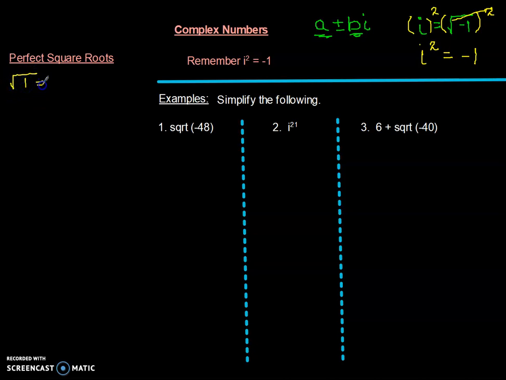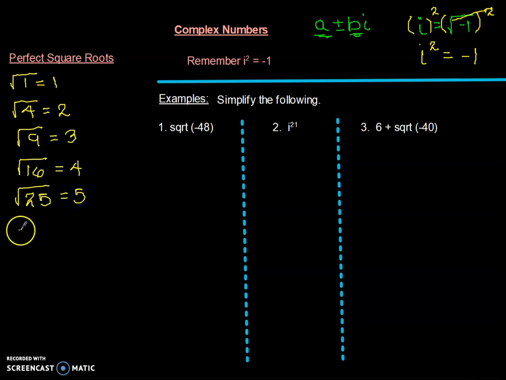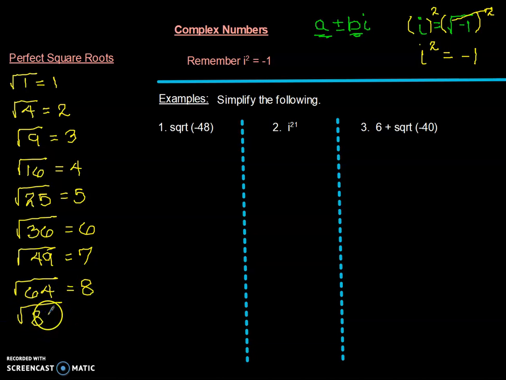Remember, 1 times 1 is 1, so the square root of 1 is 1. 2 times 2 is 4, so the square root of 4 is 2. 3 times 3 is 9, so the square root of 9 is 3. 4 times 4 is 16, the square root of 16 is 4. 5 times 5 is 25, the square root of 25 is 5. 6 times 6 is 36. 7 times 7 is 49. 8 times 8 is 64. 9 times 9 is 81, so the square root of 81 is 9. 10 times 10 is 100. 11 times 11 would be 121.